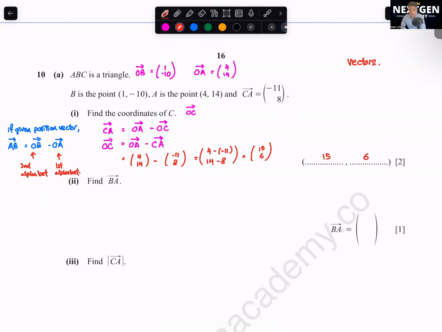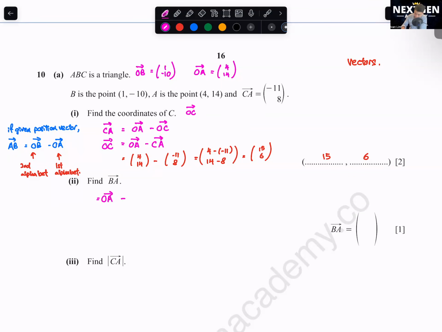Okay, everyone good? Okay, now I want to ask you all, look at the second question. How can we find BA? I have OB, I have OA, I have OC, I have CA. We are going to use this method again. OA minus OB, very good. Okay, you see?